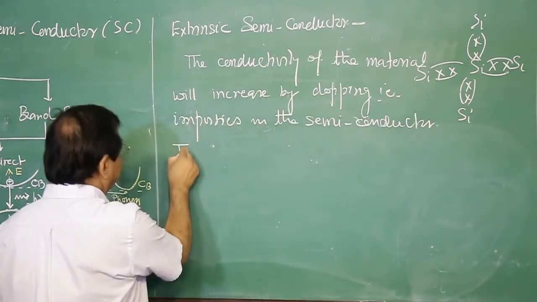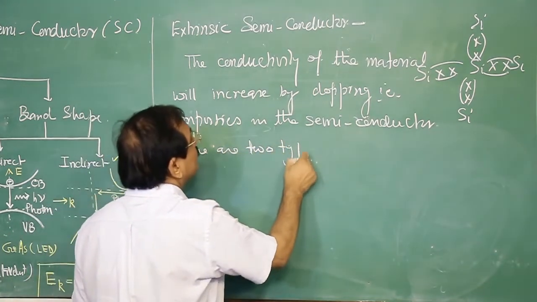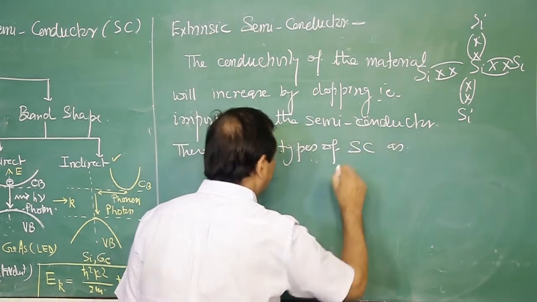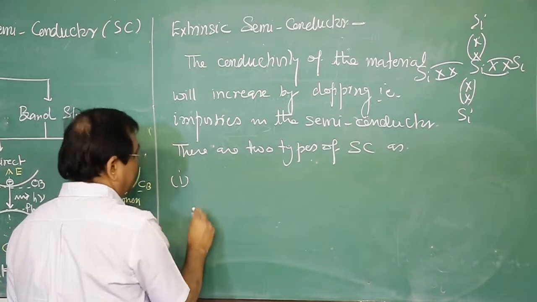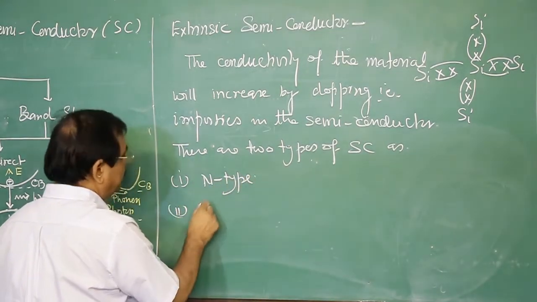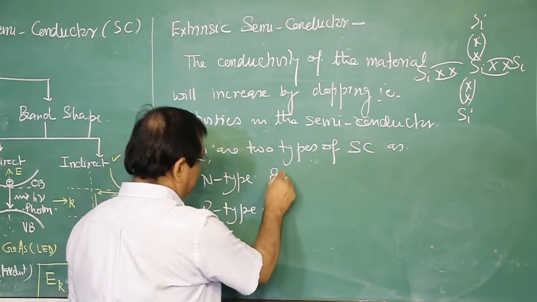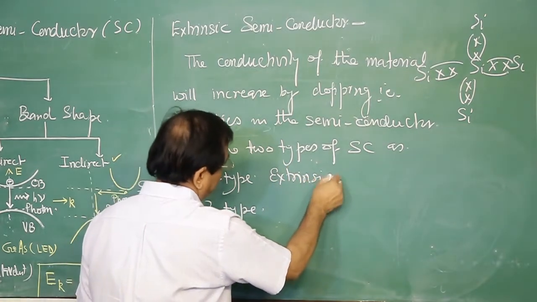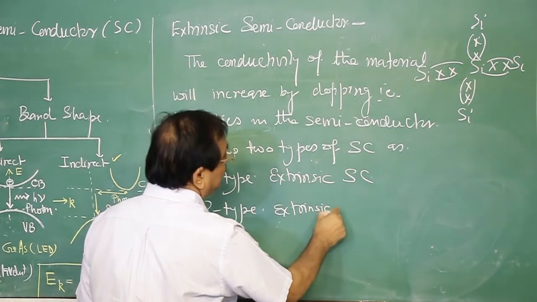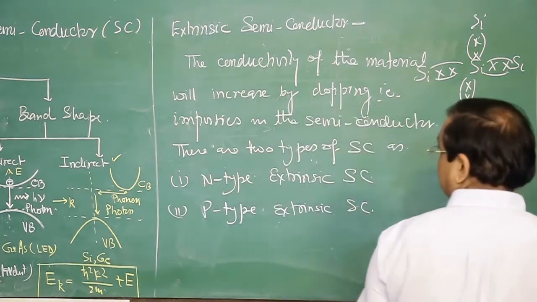There are two types of extrinsic semiconductor: first is N type and second is P type.